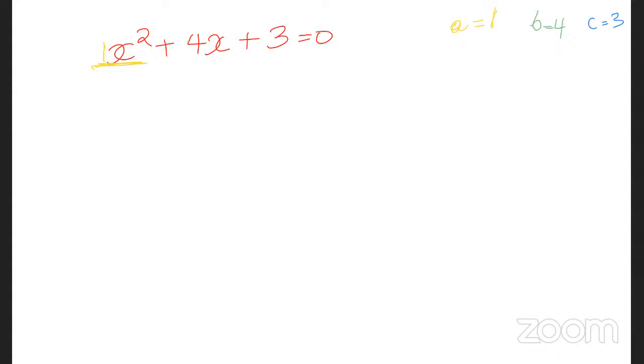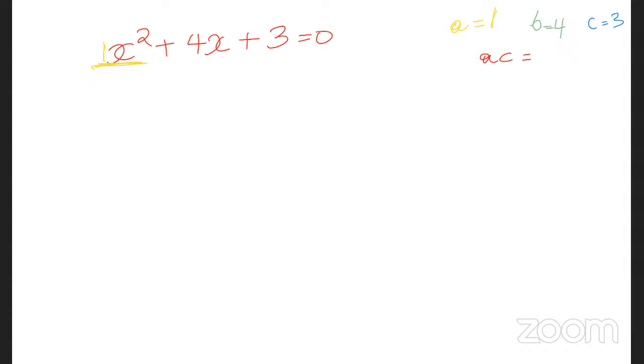All right. The next thing that we're going to do now that we have A, B, and C, we're doing the factorization method, is that we're going to write down AC. Let me go back to the red pen. So AC equals.